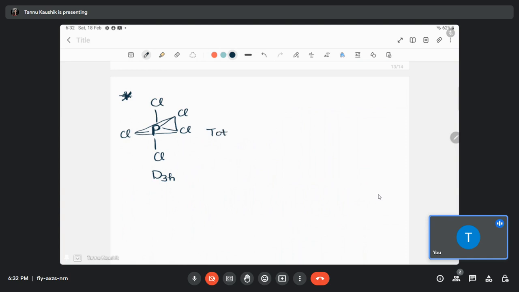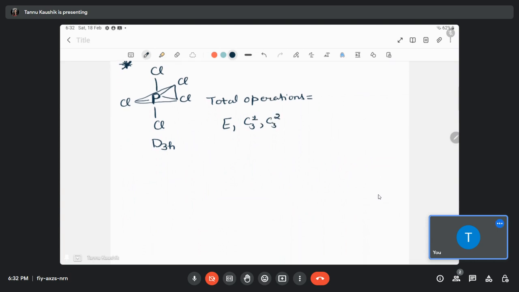With total operations of E, C3^1, C3^2, 3C2, 3 sigma v, sigma h, S3^1, S3^2. Since we have already solved in previous lectures how to find the symmetry elements and operations in this molecule, I'm writing it directly.